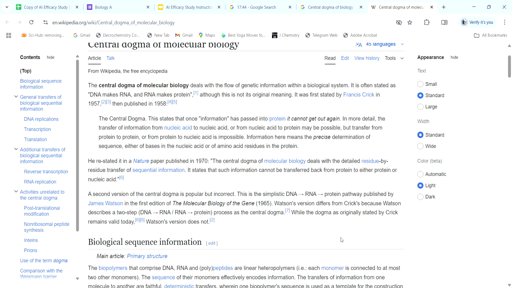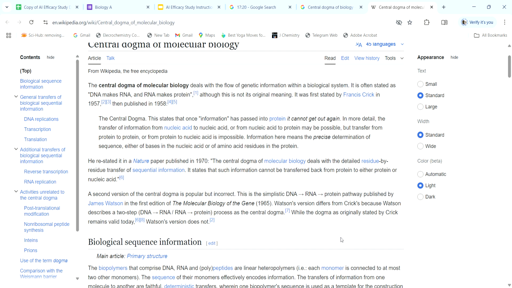He restated it in the Nature paper published in 1970. The central dogma of molecular biology deals with the detailed residue by residue transfer of sequential information. It states that such information cannot be transferred back from protein or nucleic acid.